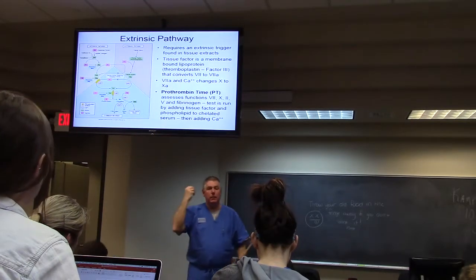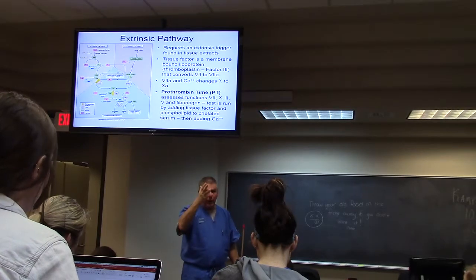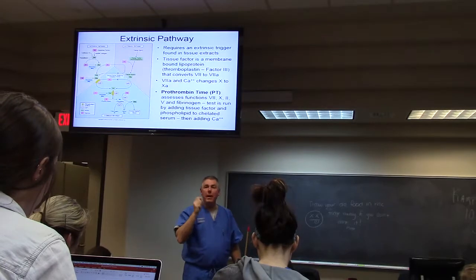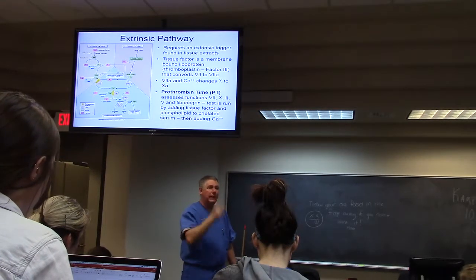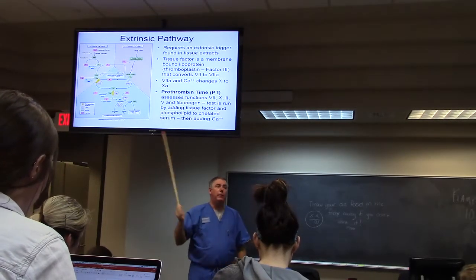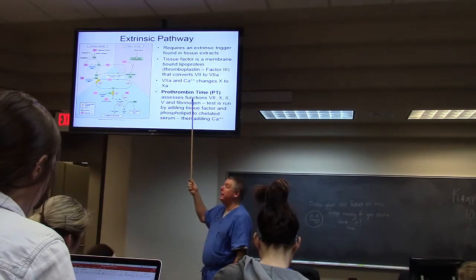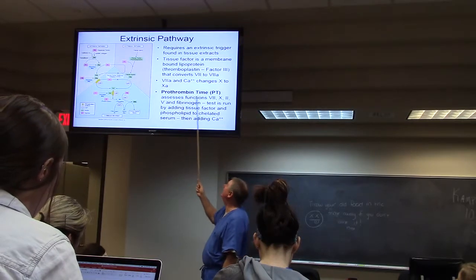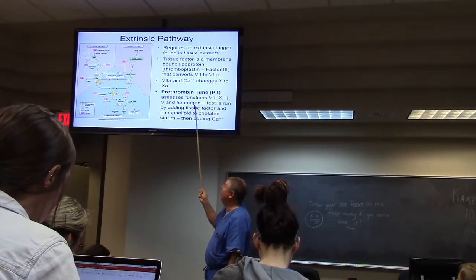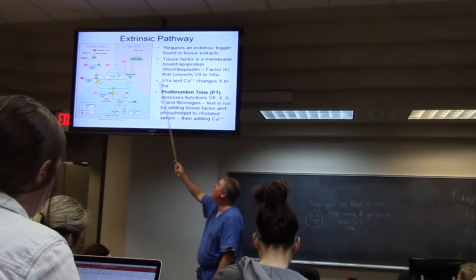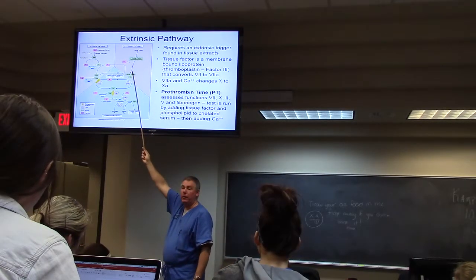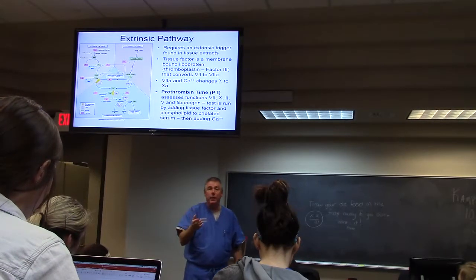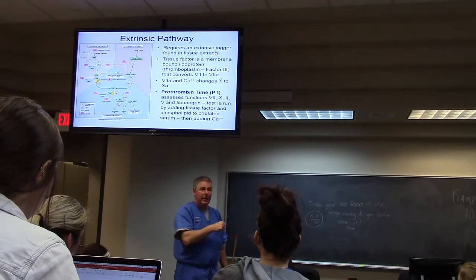Suffice it to say, the extrinsic pathway requires an extracellular trigger, and you measure that cascade by what's called the PT, the prothrombin time. The PT, as it says here, assesses the function of these different types of enzymes based on this pathway here. So if I'm going to measure the competency of the extrinsic pathway, it's through the PT.